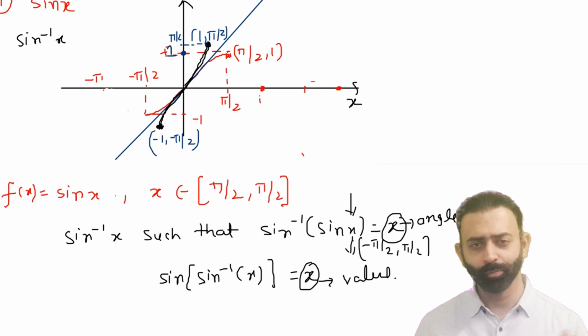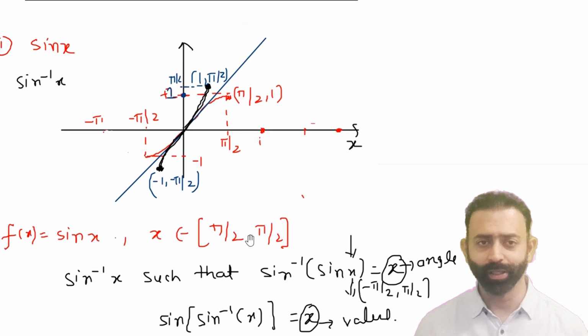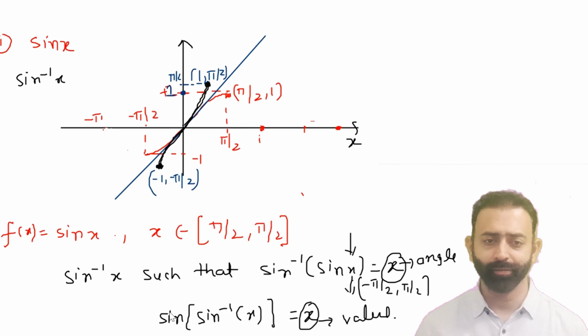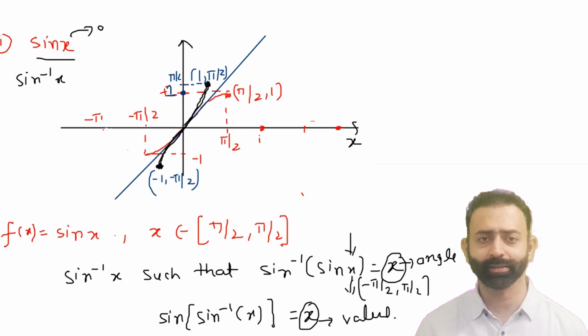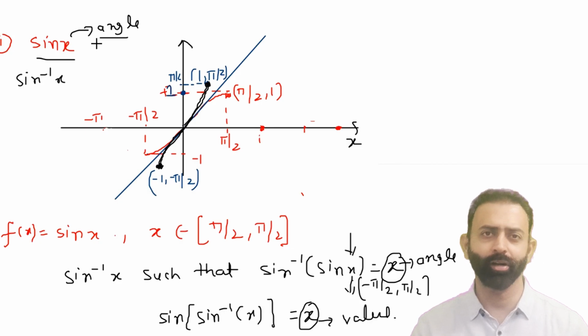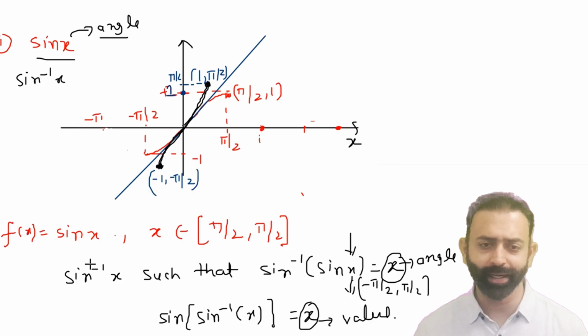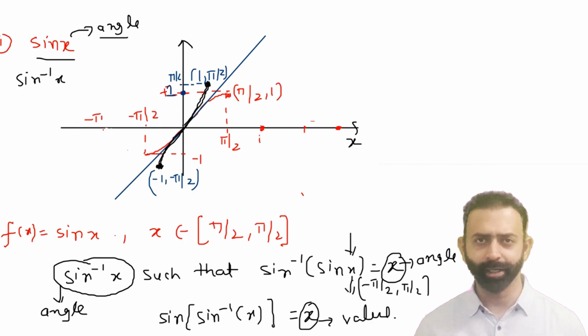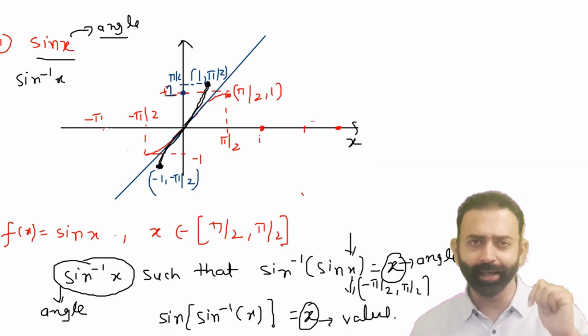One more thing I need to mention: when we learn sine x, in this function sine, x is the angle. So the angle is the input and the output is some value. When we learned about the inverse function, sine inverse x basically is an angle. Remember, in sine x, x was the input.